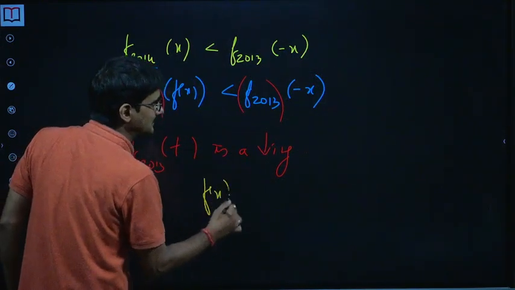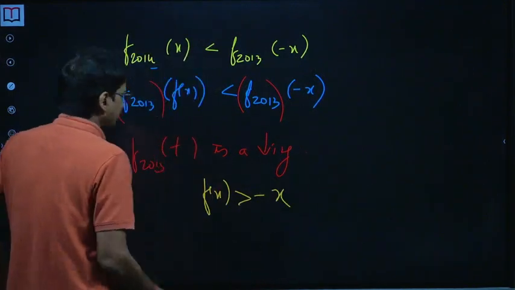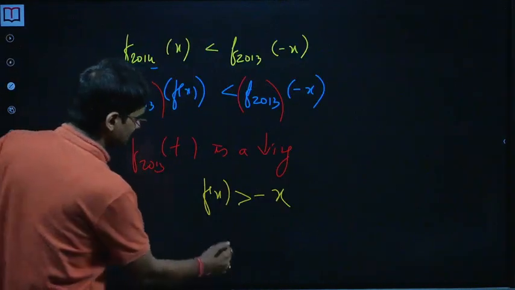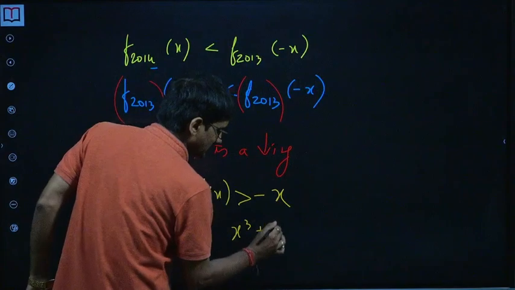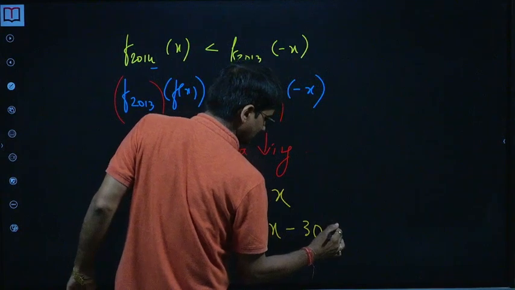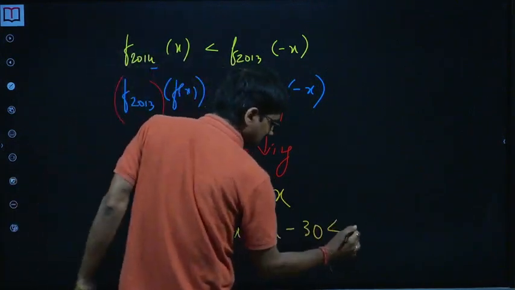but by reversing the sign. Okay, so now that gives us, take x cube to that side. So x cube plus x minus 30 is less than 0.